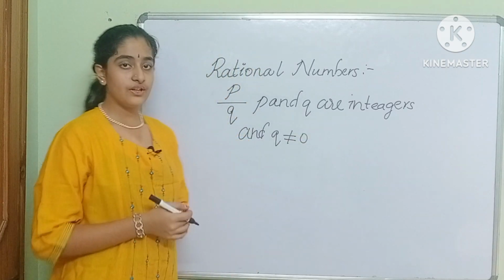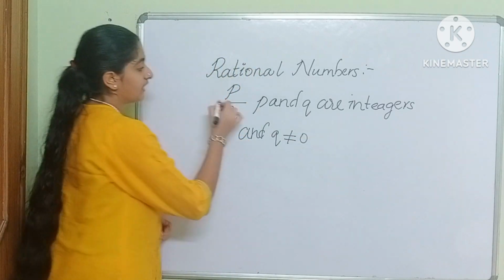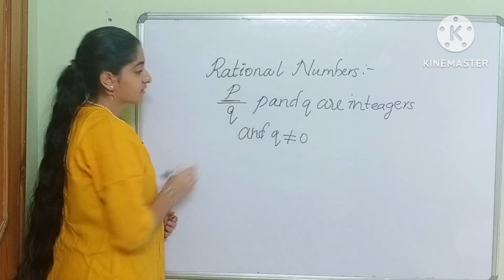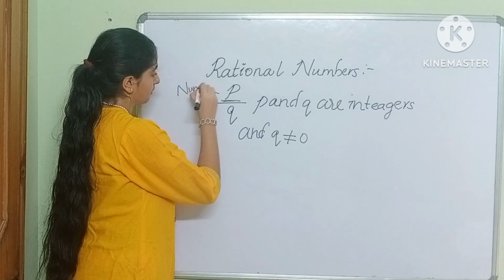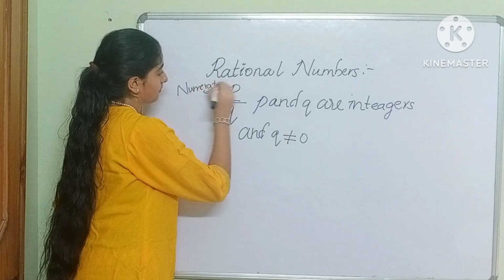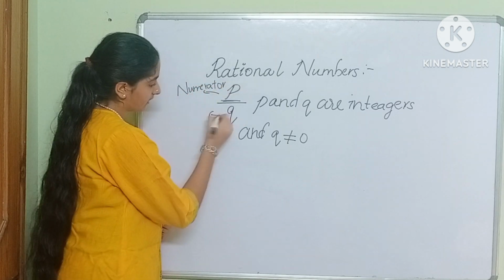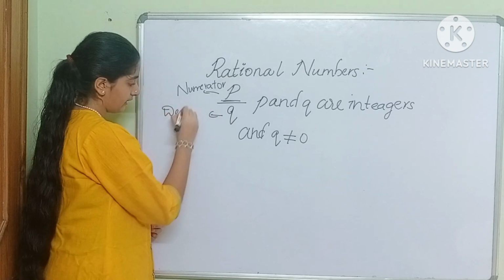These are called rational numbers. So here the P part is called the numerator and the Q part is called the denominator.